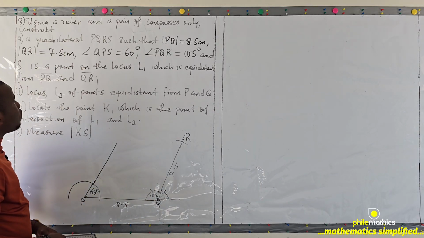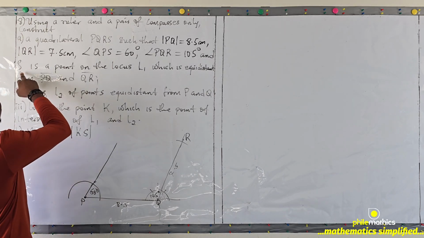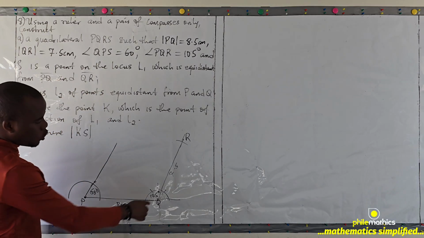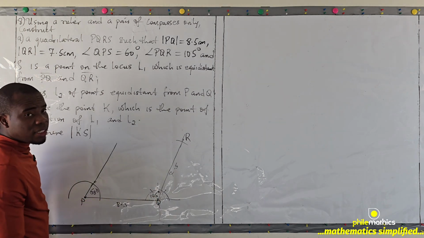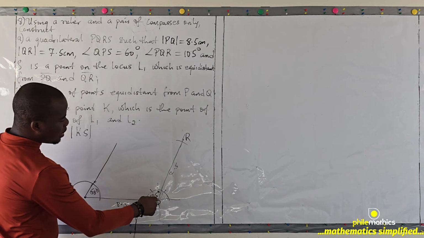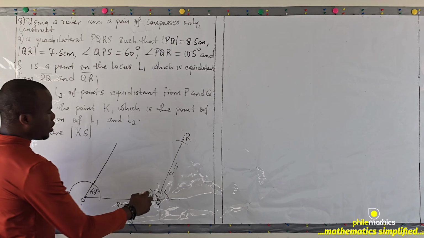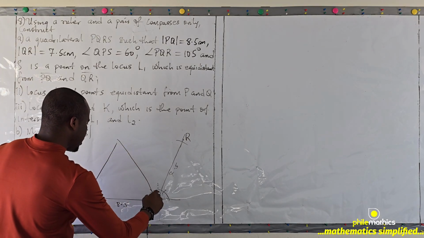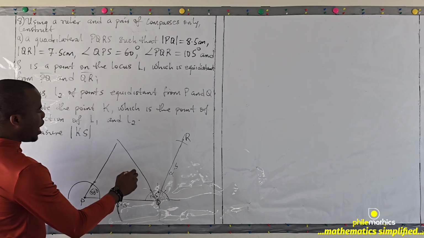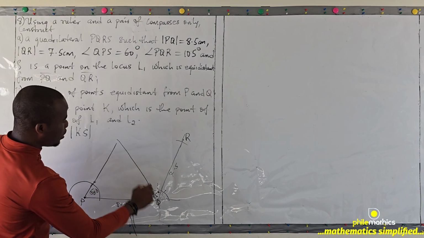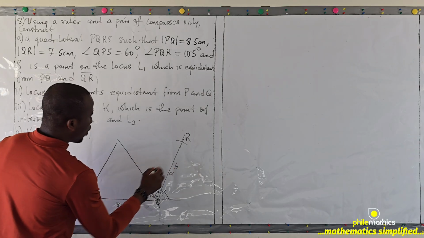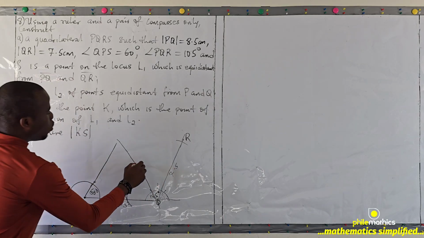So how you find X that is equidistant from line PQ and QR is to bisect this 105 degrees. If you bisect this 105 degrees, it will look like this. And so any point from here is equidistant from PQ and QR. So this is what L1 is.